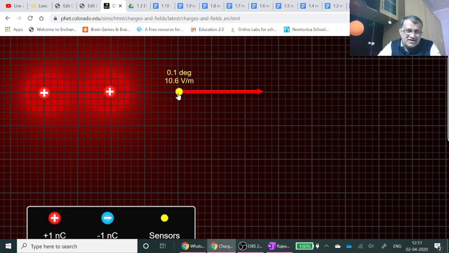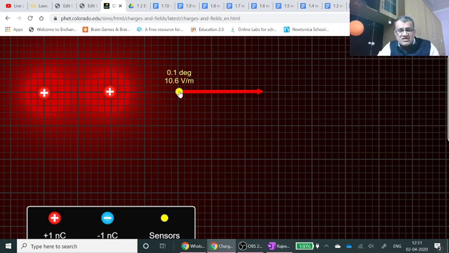We calculated that, found values, and verified those values using this simulation, a free tool from Colorado University, popularly called PhET simulations. We have done questions like this.